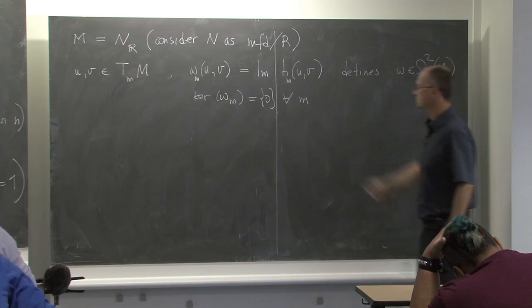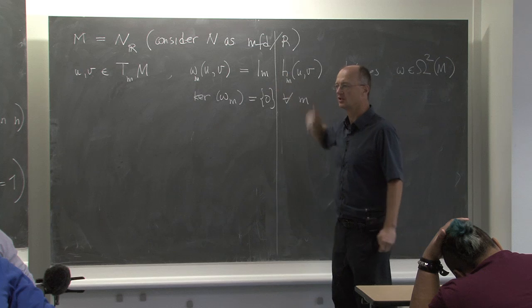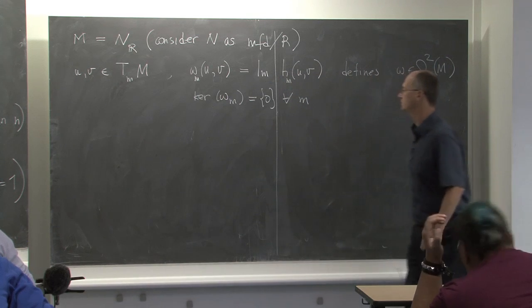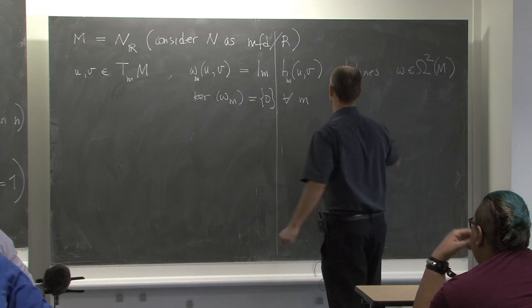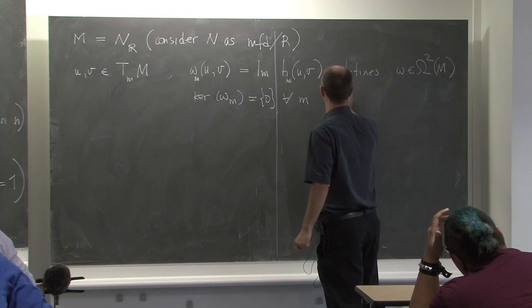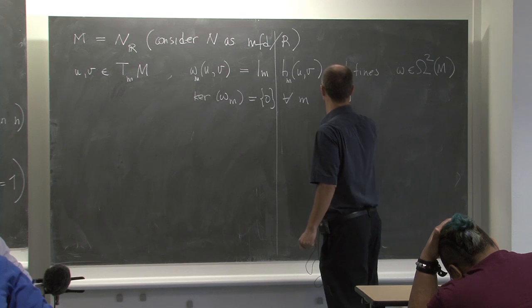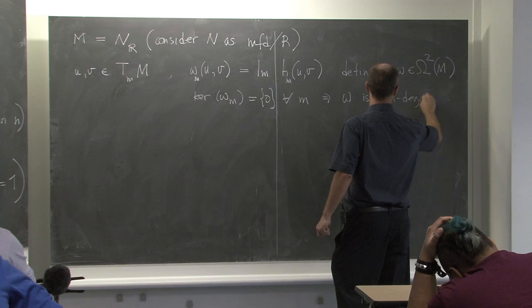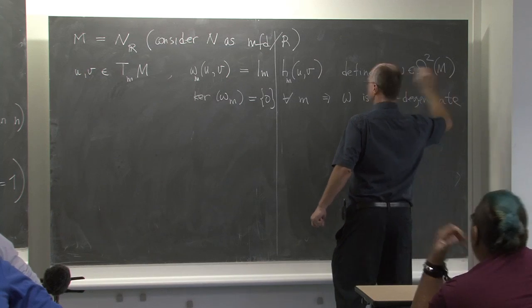So this is now automatic, because whenever you have this Hermitian product and you construct a two-form from the Hermitian product, the kernel is automatically 0. Or we can put it in this way, omega is non-degenerate.